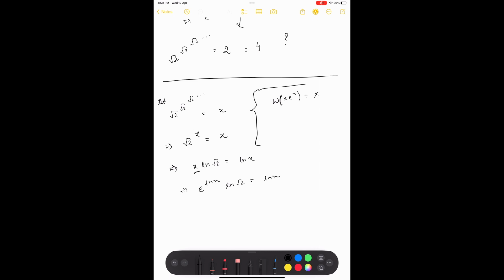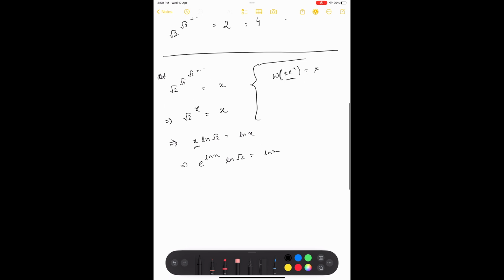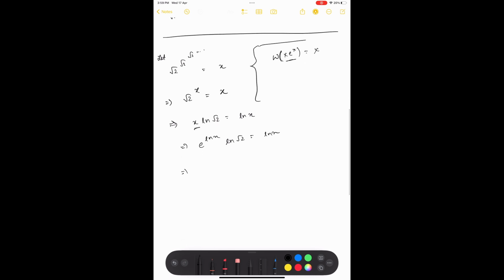So try to make the form like this. Let's divide by e to the power ln x on both sides. We have ln root 2 equals ln x e to the power minus ln x. Now multiply by minus 1 on both sides: minus ln root 2 equals minus ln x e to the power minus ln x.